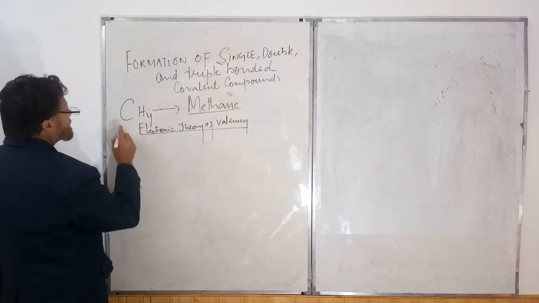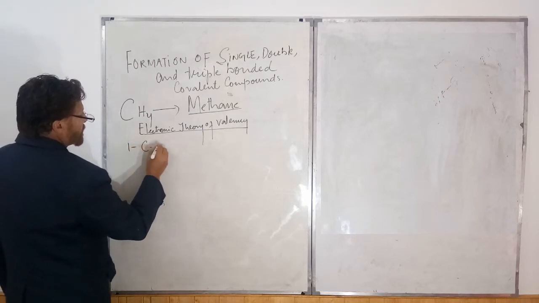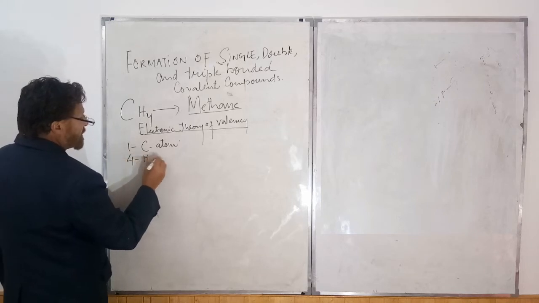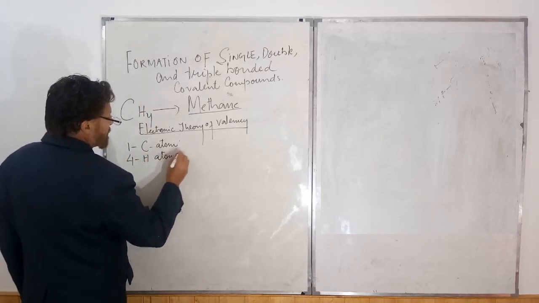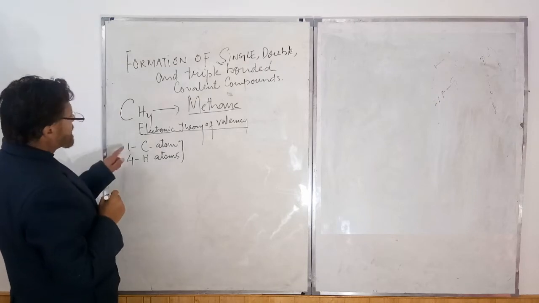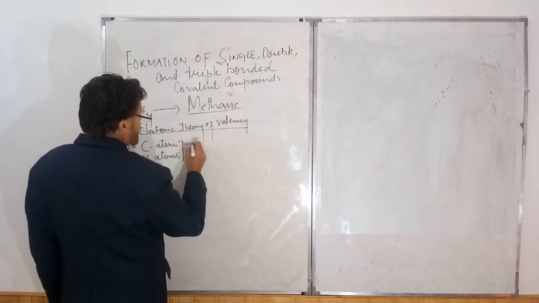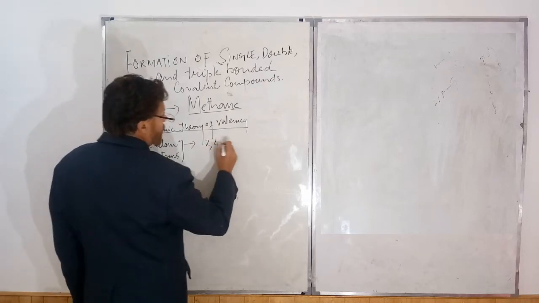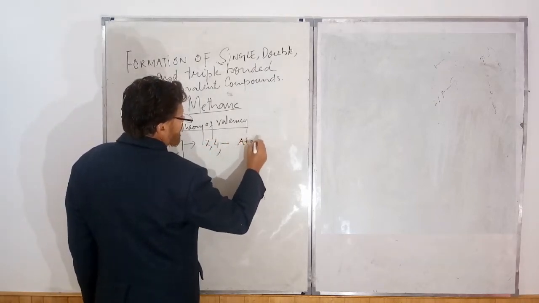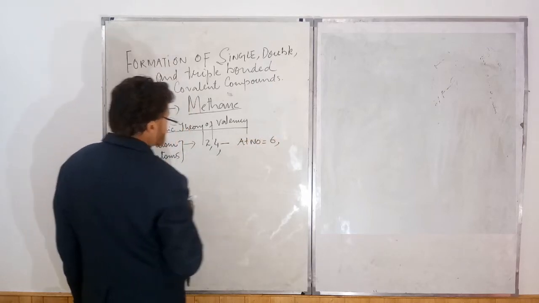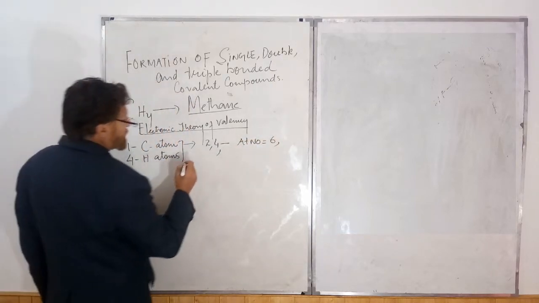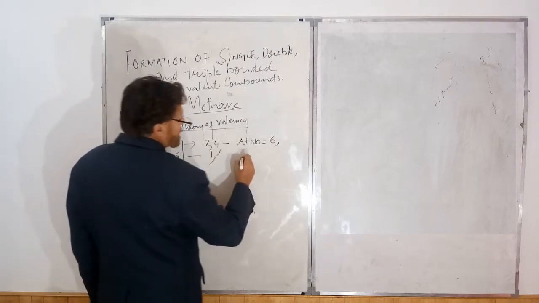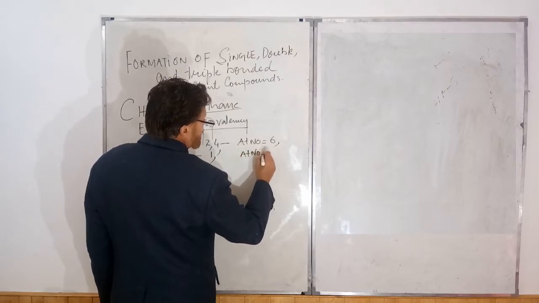Here it consists of one carbon atom and four hydrogen atoms. The electronic configuration of carbon is 2, 4 because its atomic number is 6, while hydrogen has electronic configuration 1, because its atomic number is 1.